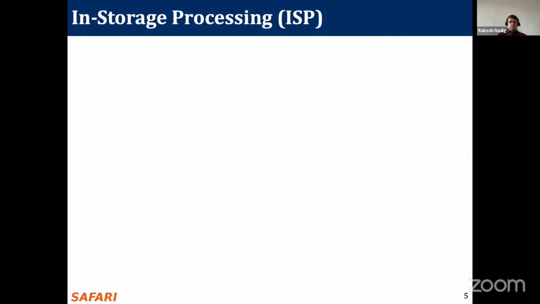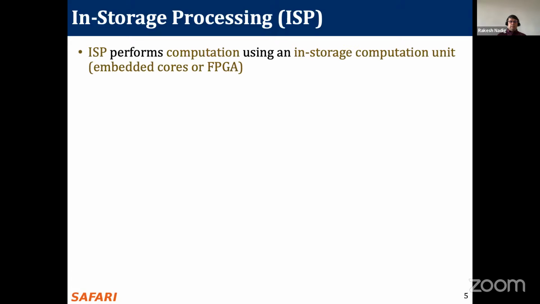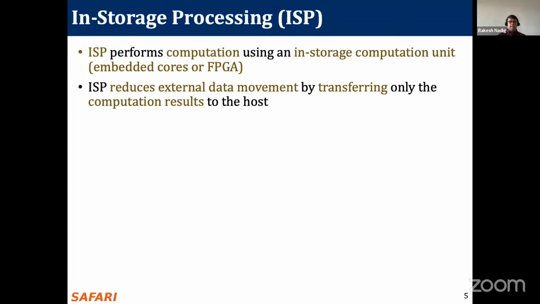Let's look at these two areas. The first one is in-storage processing, where we perform the computation using the in-storage computation unit within the SSD. These computation units are typically embedded cores or FPGAs, and ISP reduces the external data movement compared to outside storage processing.